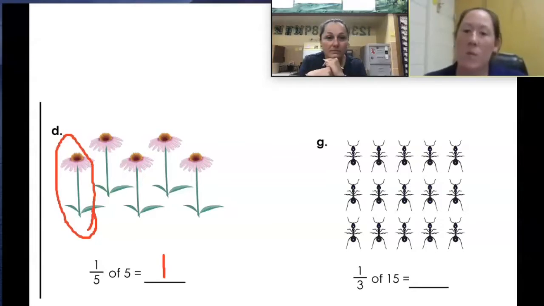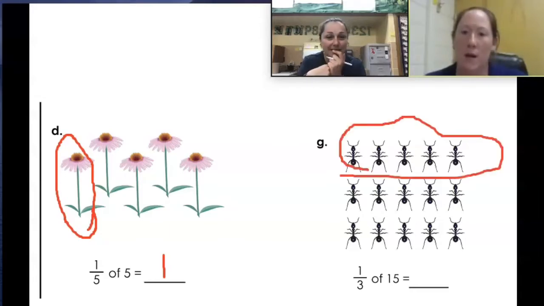Oh, so if I did 1/3, if I circled my ants, how many is in that one group? Well, I would have 1, 2, 3, 4, 5. So 1/3 of 15 is 5 ants. Back to you, Mrs. Jones.